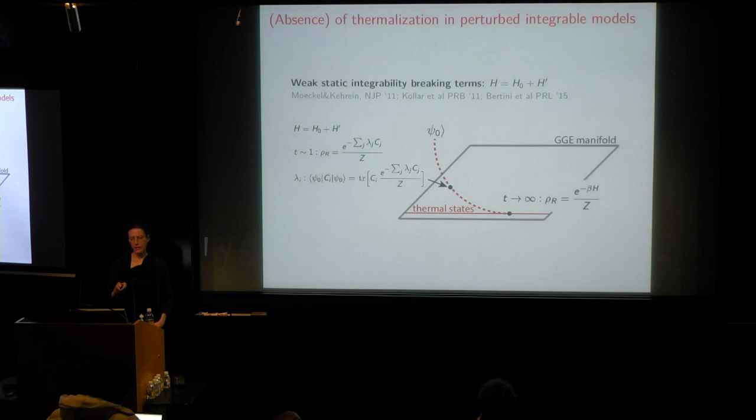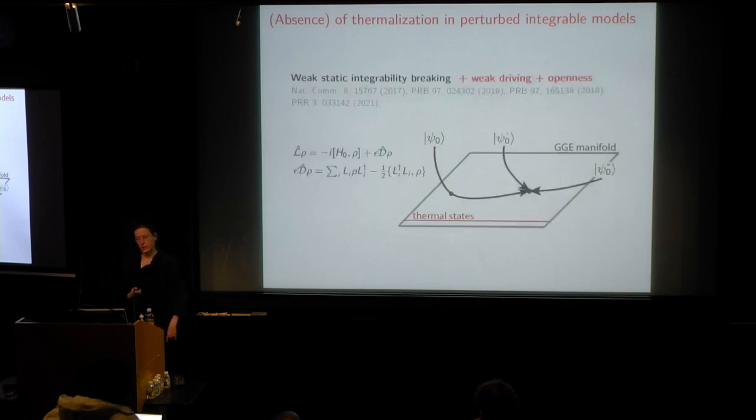At short times, this integrability breaking can be neglected, and for order 1 times the system is still locally described by a generalized Gibbs ensemble, as if it was integrable, with Lagrange multipliers given by the initial state.